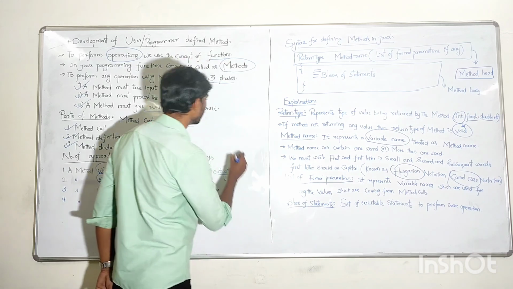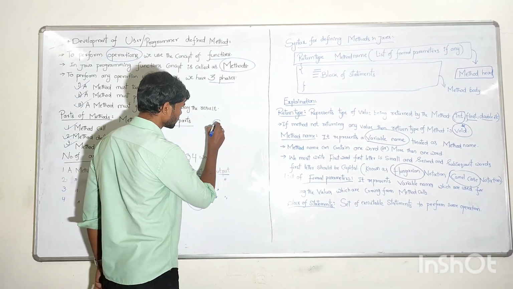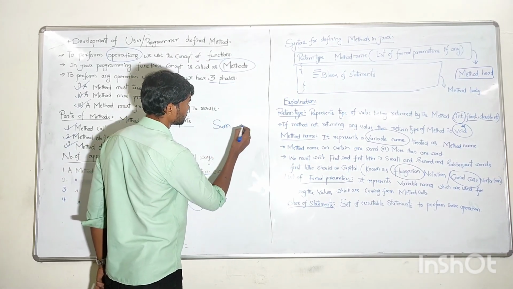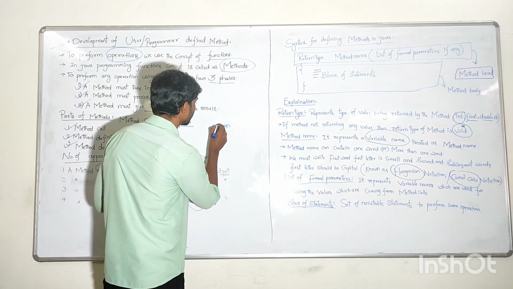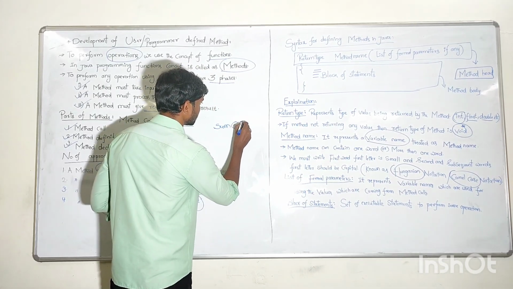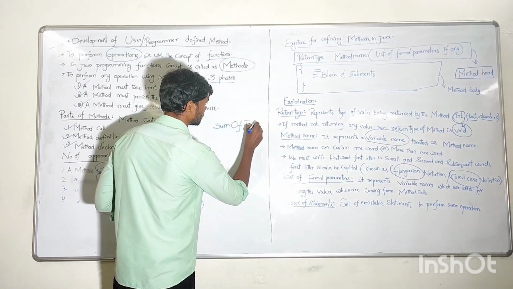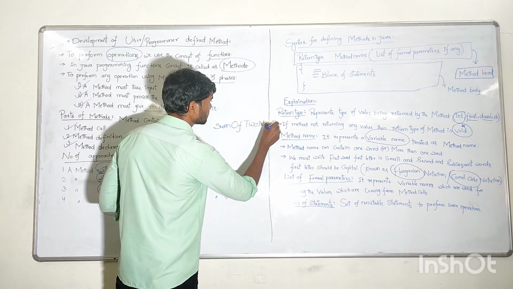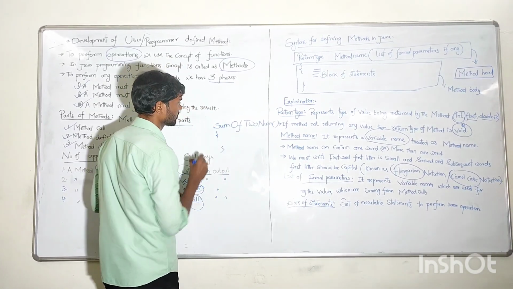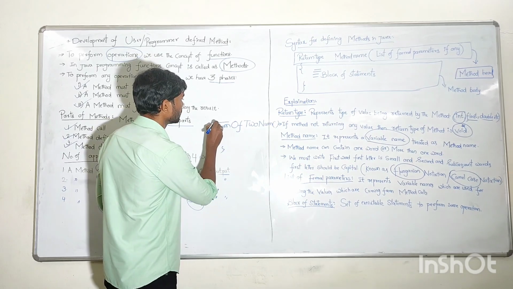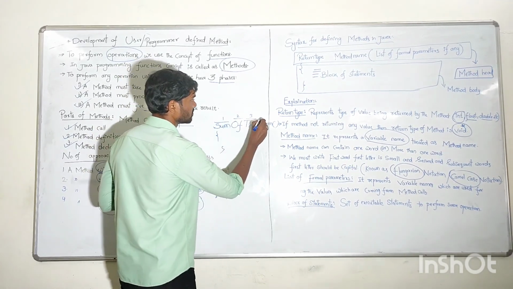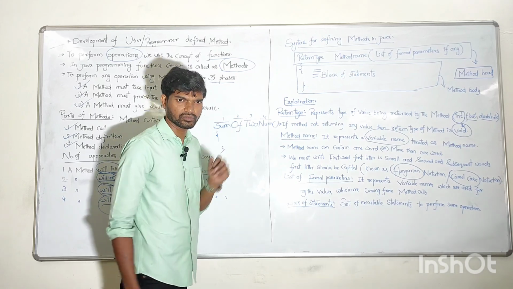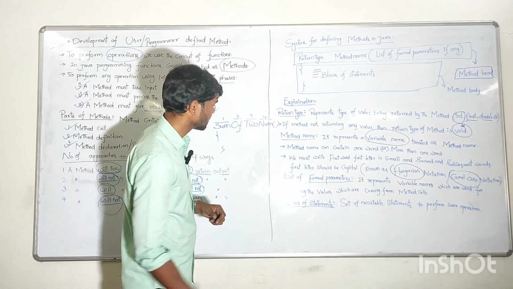Suppose you take some words and assume this is a method name: sum, half, three, num. Sum is one word, half is the second word, three is also a word, num is also a word. There are four words. What is Hungarian notation saying?